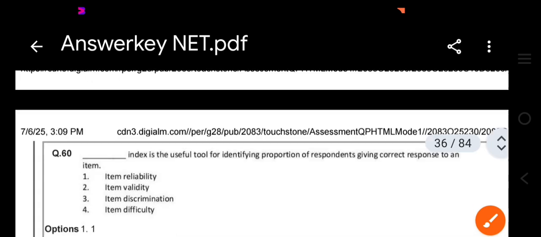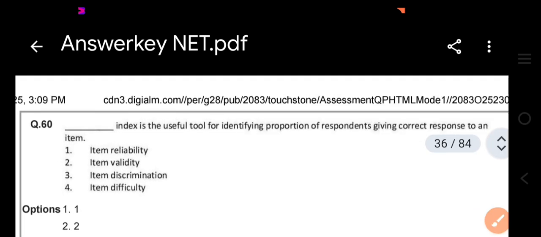Now the question is again related to item reliability, item validity, item discrimination and item difficulty. The question asks: which index is the useful tool for identifying the proportion of respondents giving the correct response to an item?